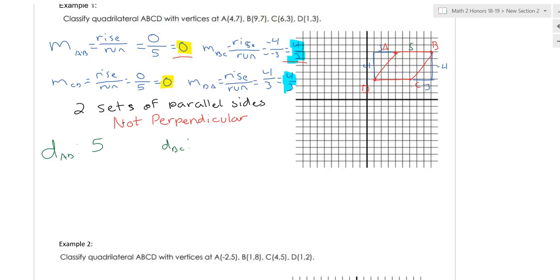Well, I have a distance of 3 and 4, so I have to use the Pythagorean theorem. If you use the negatives, that's fine. Just make sure you're putting those negatives in parentheses, because then a negative times a negative is positive, so it doesn't really change anything. So this is 5.